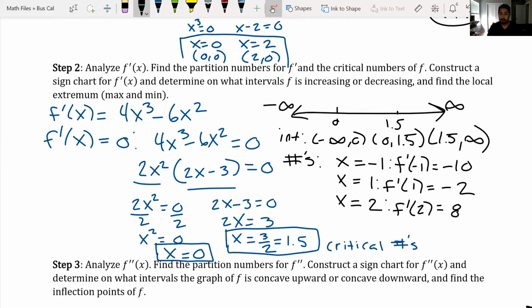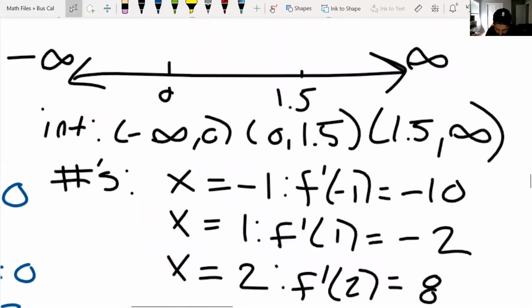So again, we don't care about the number. We only care about the sign. Okay. So what this means is that from negative infinity to 0, we are negative. From negative infinity to 0, the first derivative is negative, which means we are decreasing.